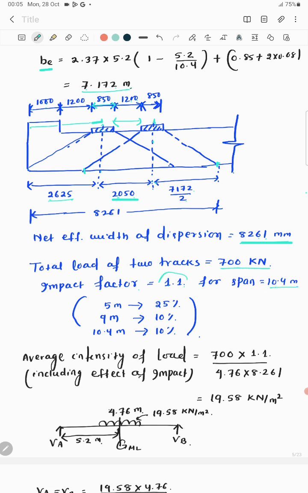This impact factor value can be calculated by following the recommendations given in IRC 6, which is, for a span of 5 meter, your impact factor value is 25%, and for a span of 9 meter, this is 10%. So for our case, the span length is 10.4 meter, so we can take the value of 10%. So your impact factor value is 1.21.